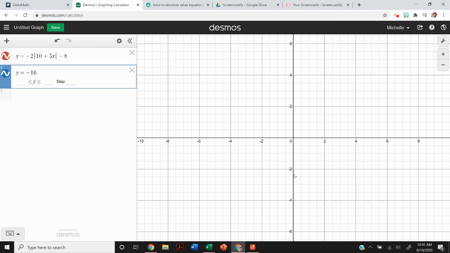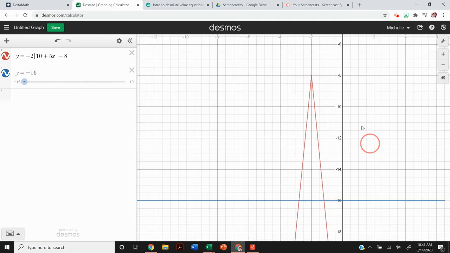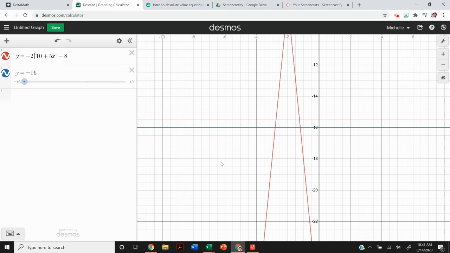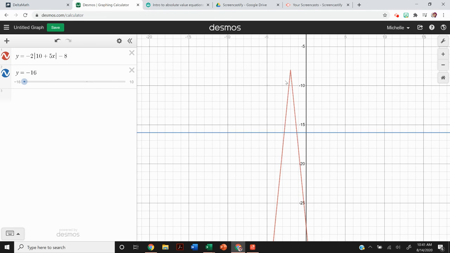Now I'm going to make my screen bigger because I want you to see this. If you just click and drag, you can now see where your picture is, notice it's in red. This is the left-hand side of the equation. Here's the blue. This is the right-hand side of the equation. If I zoom out a little bit, there they are, and this is where they cross.